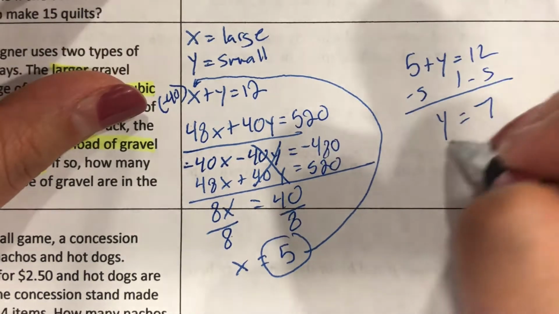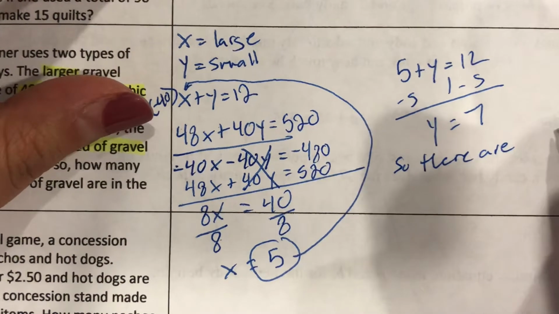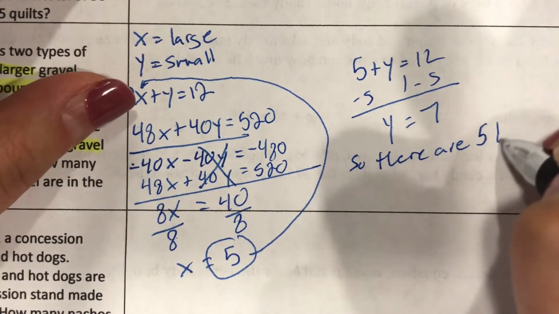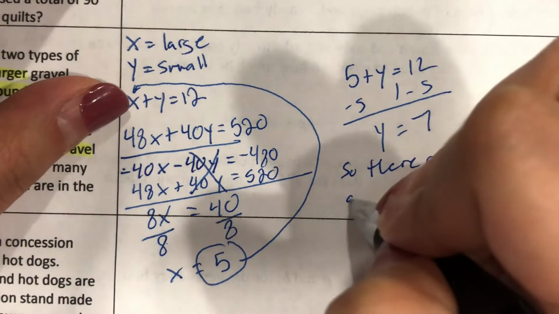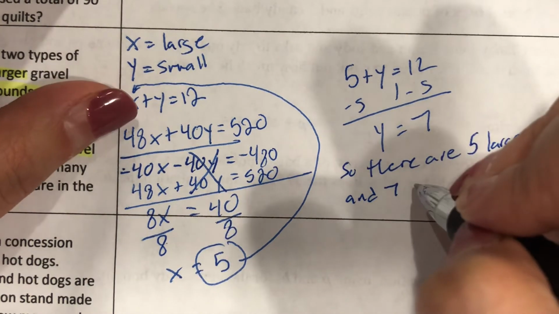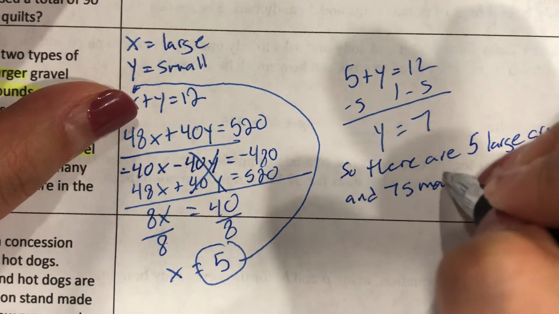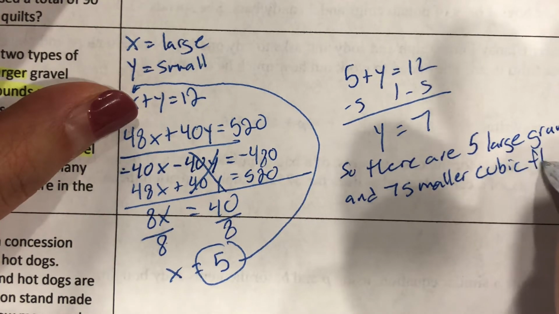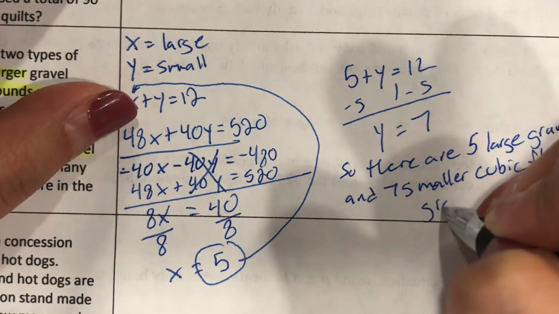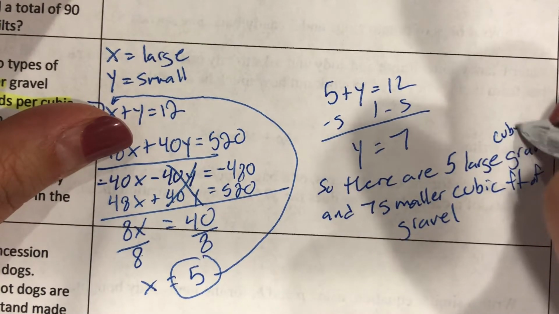So there are 5 large gravel and 7 smaller cubic feet of gravel. Large cubic feet. Sorry, I forgot about that.